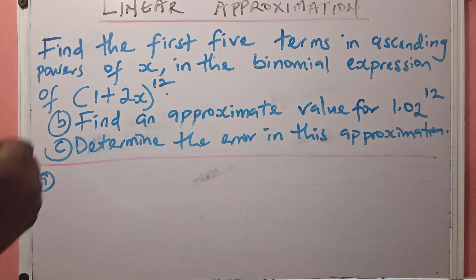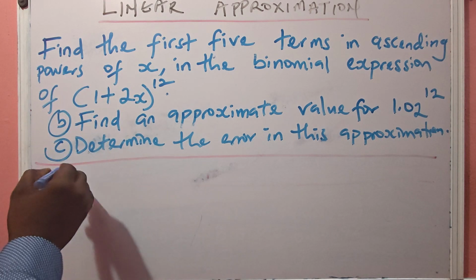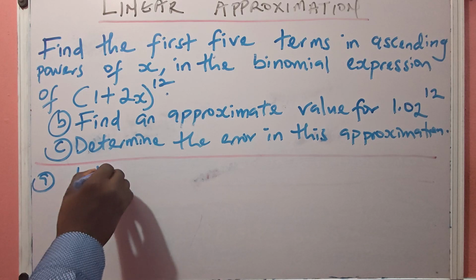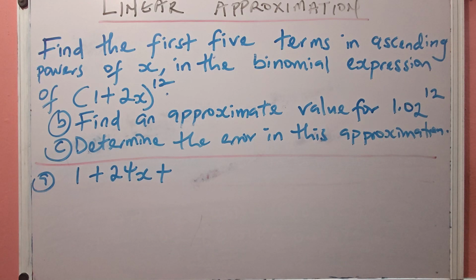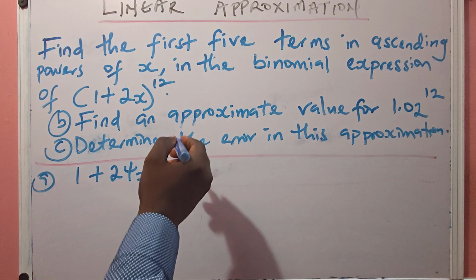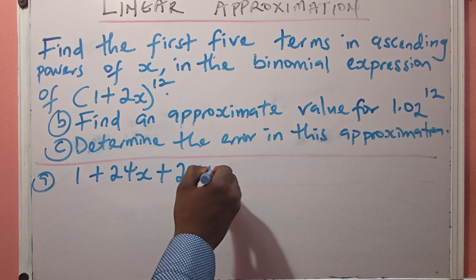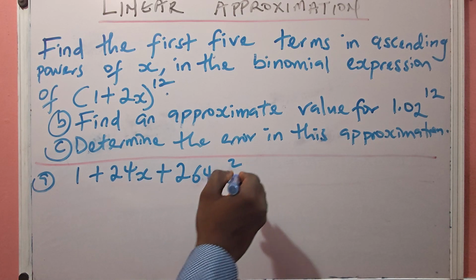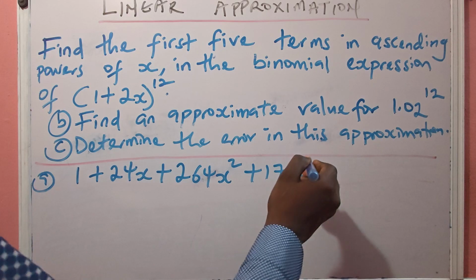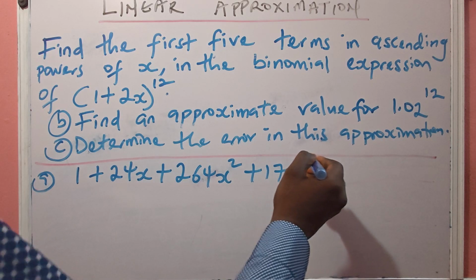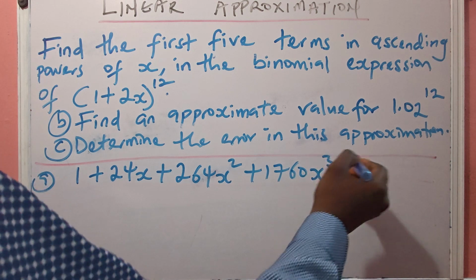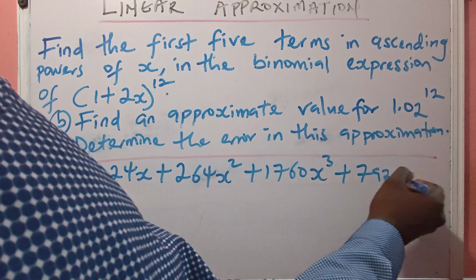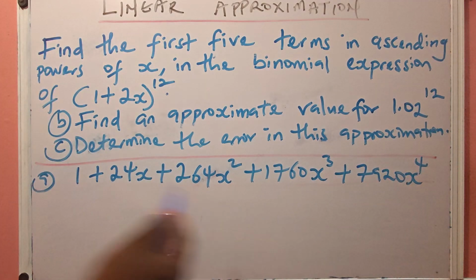So for the very first five terms for this 1 plus 2x raised to the power 12, we're going to have 1 plus 24x plus 264x squared plus 1760x cubed, then plus 7920x raised to the power 4. So this is the very first five terms in this expression.